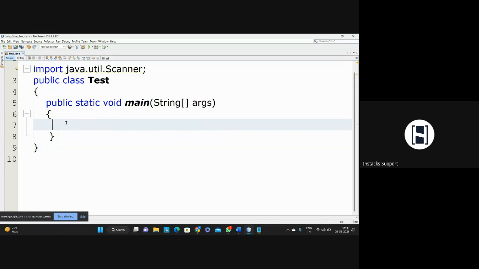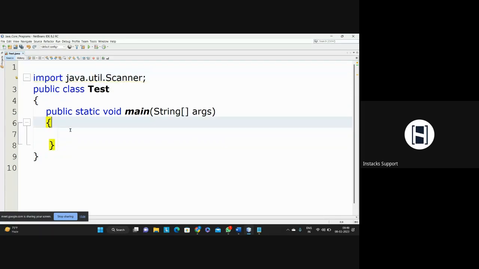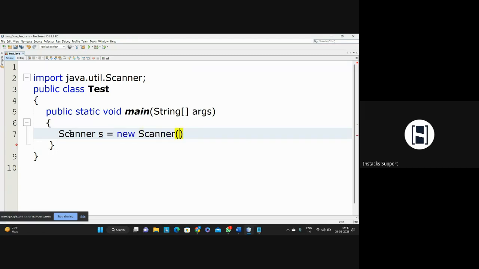Okay, so first thing, I have imported the scanner class. Now I have to create an object of the scanner class. So scanner class name, object name equals to new Scanner of System.in. Done. So scanner class object created.